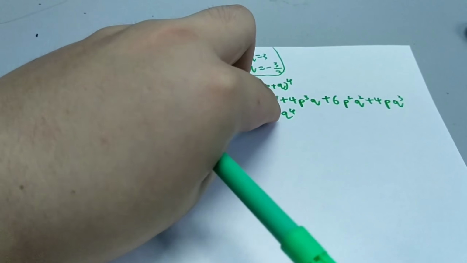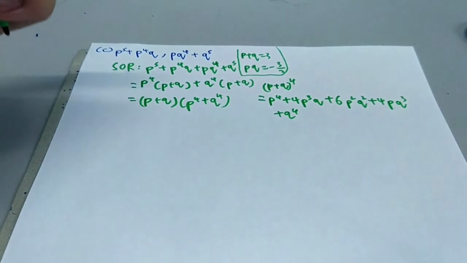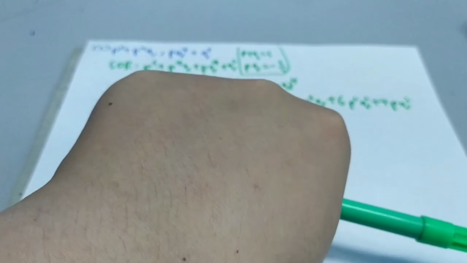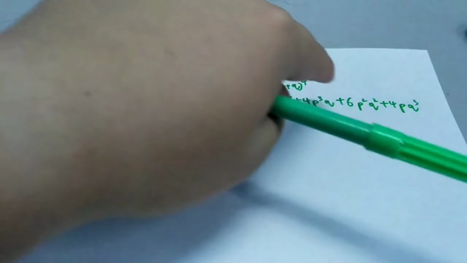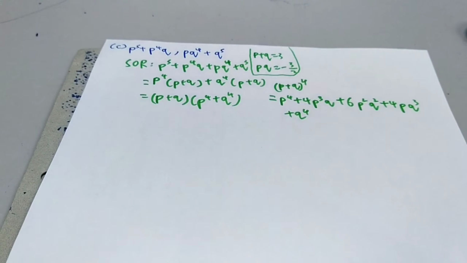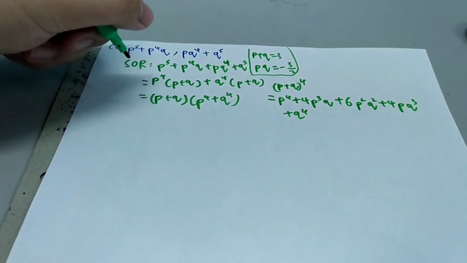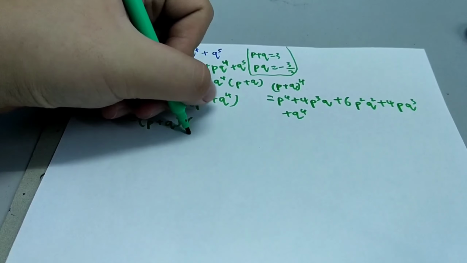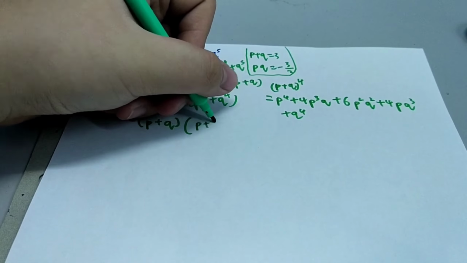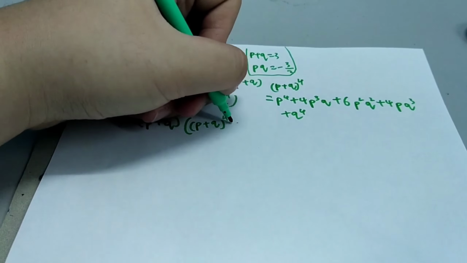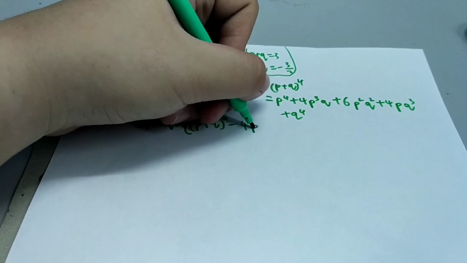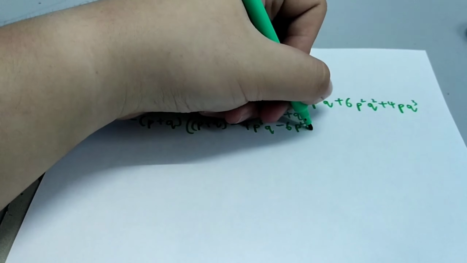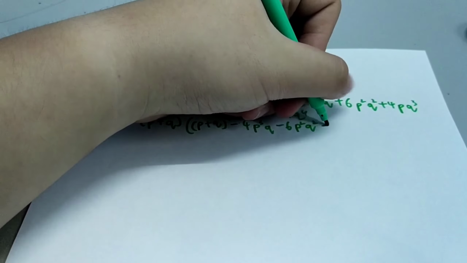So we got the p power 4 and q power 4, and luckily they are added together. So what you do is take these three terms to the other side, which will result in minus, and then we will get p power 4 plus q power 4 equals p plus q power of 4 minus 4p cubed q minus 6p squared q squared minus 4pq cubed.